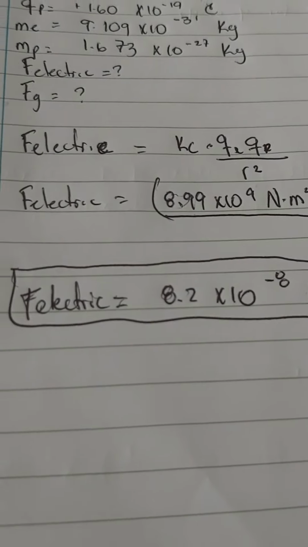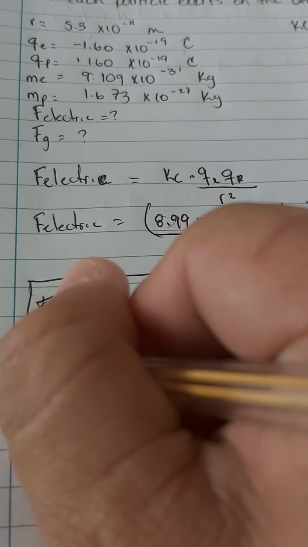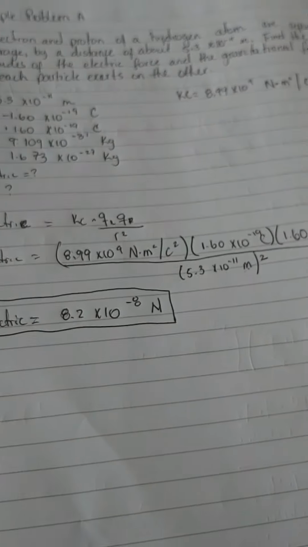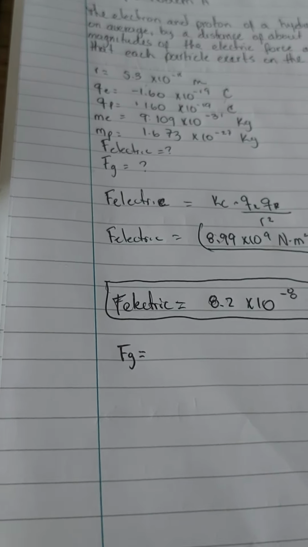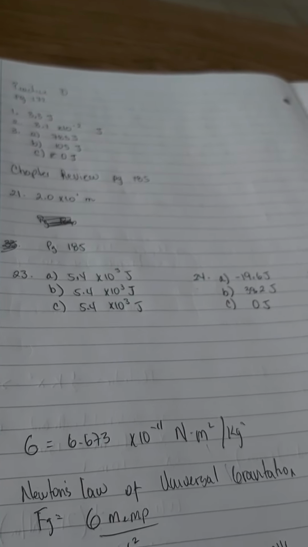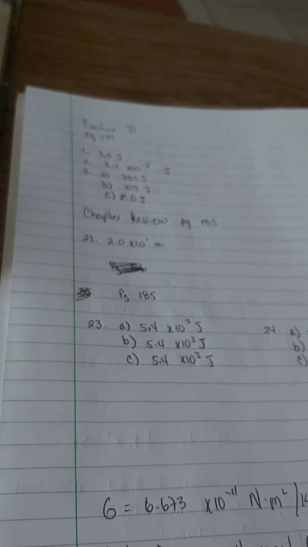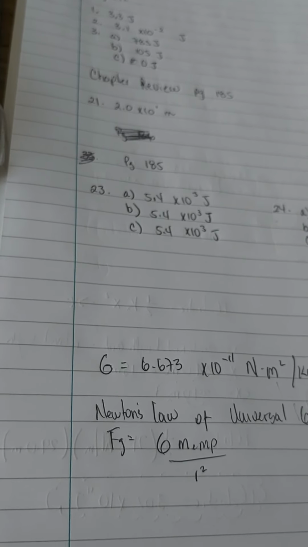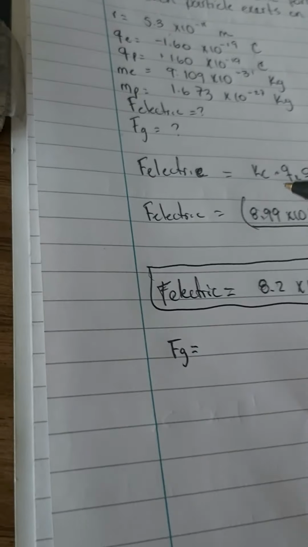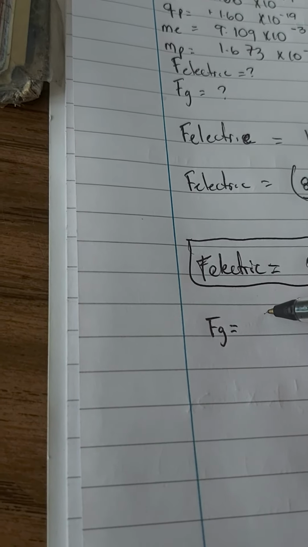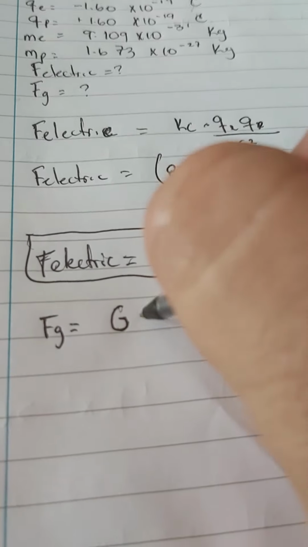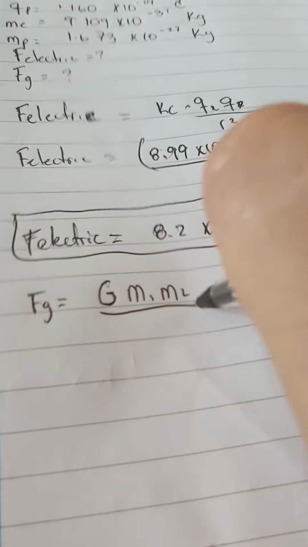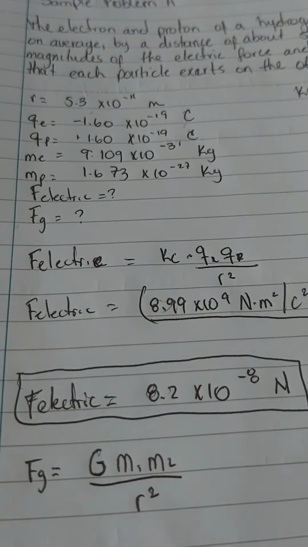Now, we have to find the gravitational force. So here, we're going to be using Newton's law of universal gravitation. We studied this in chapter 7, circular motion and gravitation, and the formula was gravitational force was equal to G times mass 1 times mass 2 over distance squared.